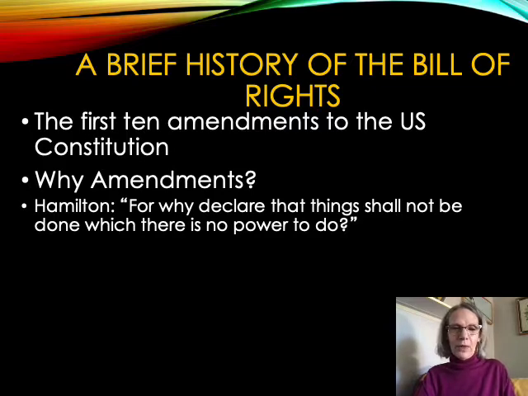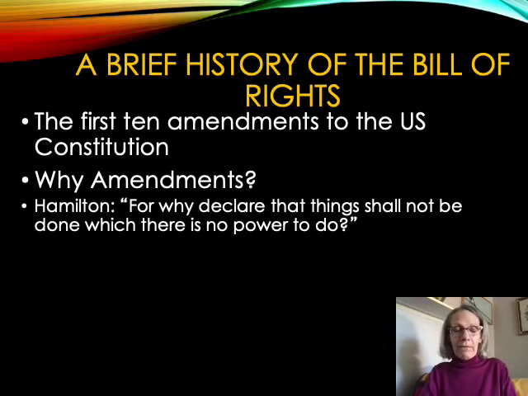The reason for that has to do with the ratification of the United States Constitution. I think I've mentioned this before. Once the Constitution was created, it needed to go to the states for ratification.